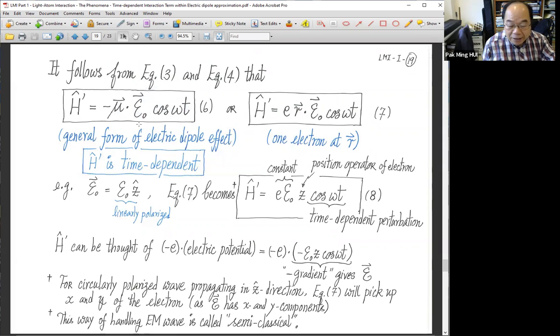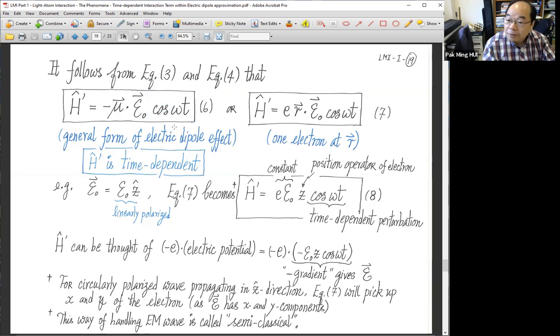Okay, so realize, let me repeat, it is an interaction term. It must consist of something related to matter, the atom, the electron in the atom. It is here. It must have something related to light. It is here. We remember when we did spin-orbit interaction, that H prime must have something with spin, must have something with L, the orbital angular momentum. You see that S dot L term. It is conceptually very similar here. So this is the starting form.